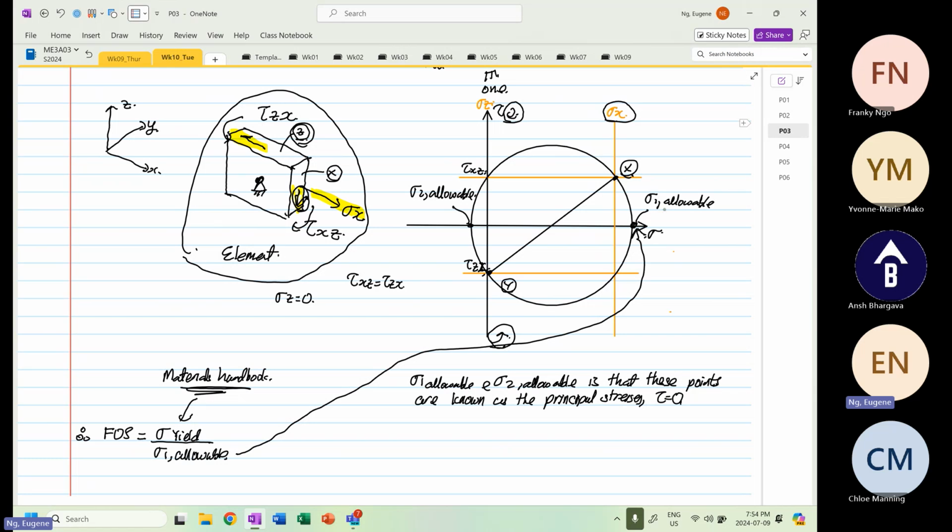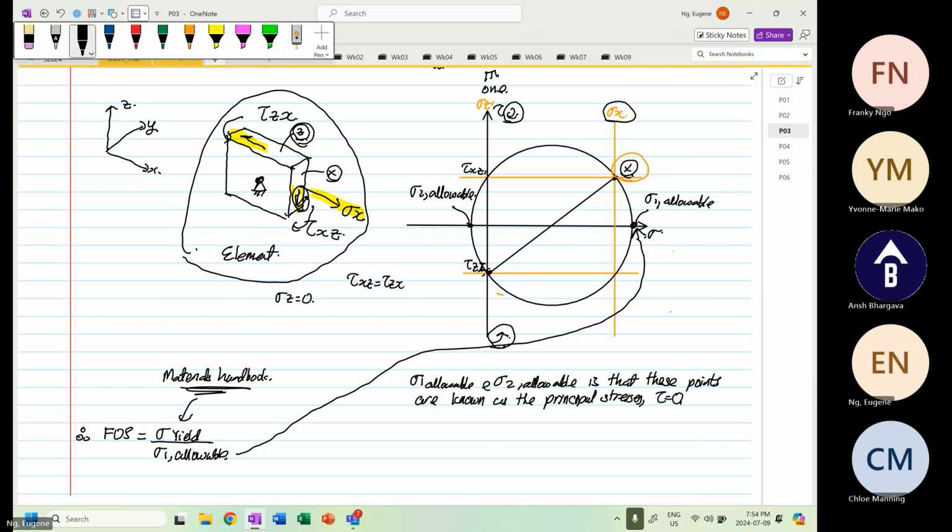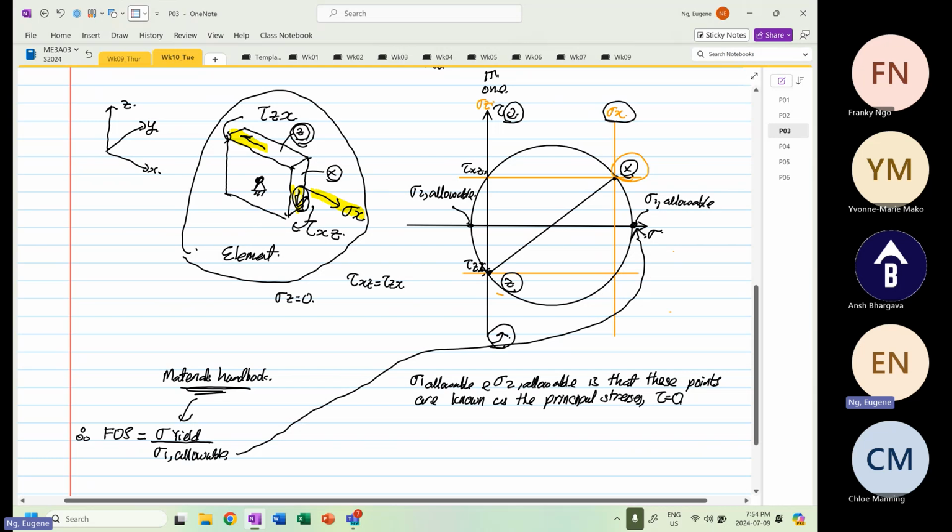Because at this point over here, this point X and this point Z, I do apologize, this is Z, this point X and point Z, as you can see down here, it belongs to the element, but we can rotate it in such a way that the shear stress is equal to 0.